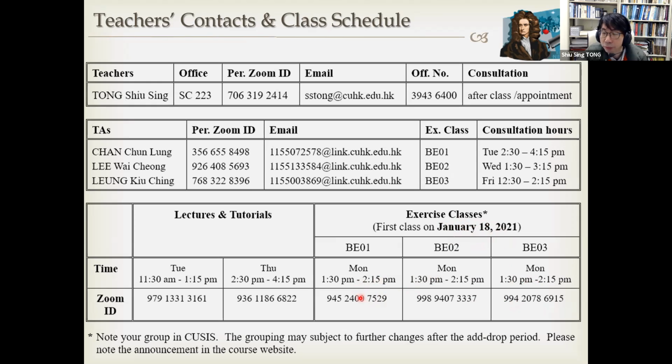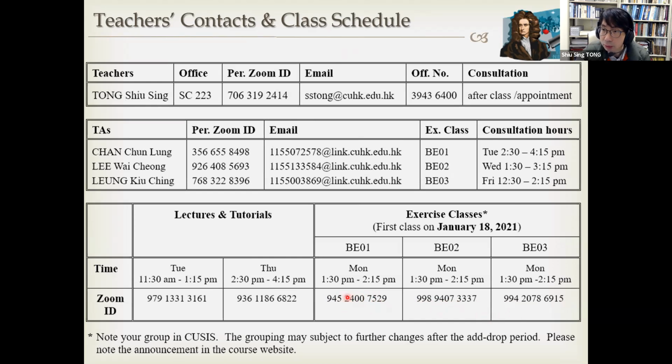Now I know that most of you have registered for class BE1, right? But I suggest, because class BE1 has many more students than the other classes, it may not be very convenient for you to have a discussion. We divide you into small classes because we want the TAs to handle your questions and interact with you more, so we prefer smaller classes.